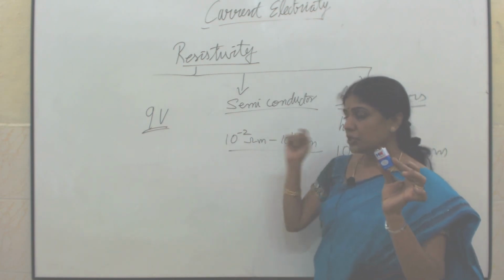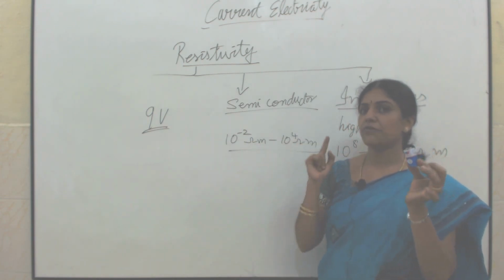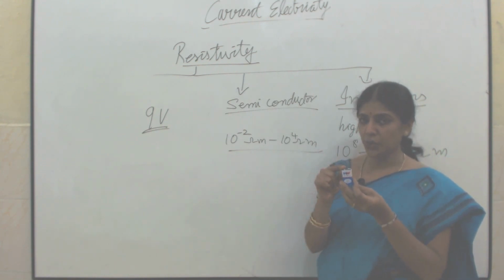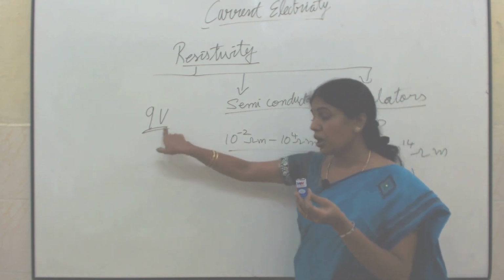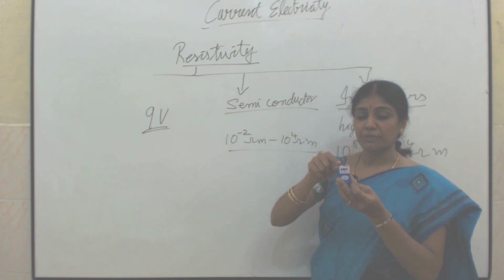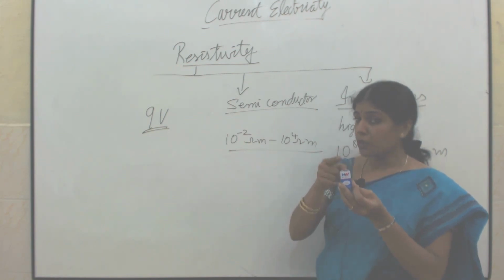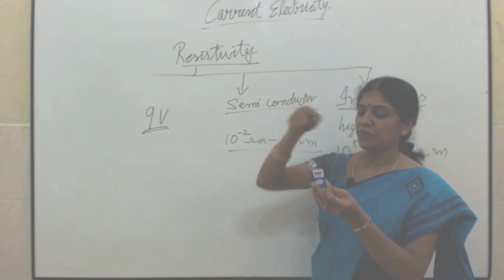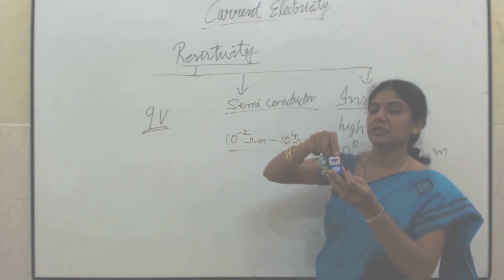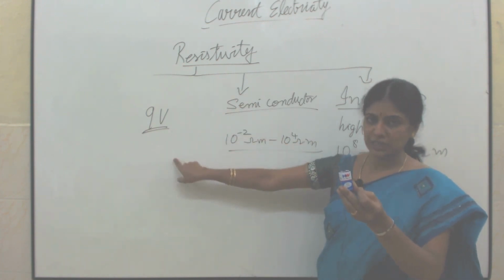Now, I told this battery is a 9 volt battery. That means each coulomb of charge will do 9 joules of work when it comes out of one side of the battery. How much work will it do? It will do 9 joules of work before re-entering the other side of the battery. That is the meaning of this. Clear?